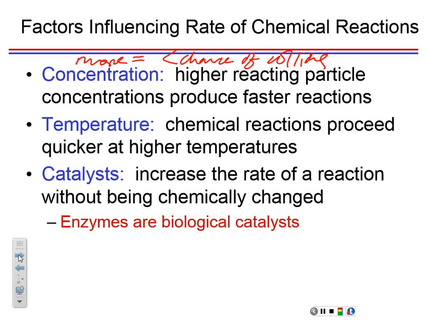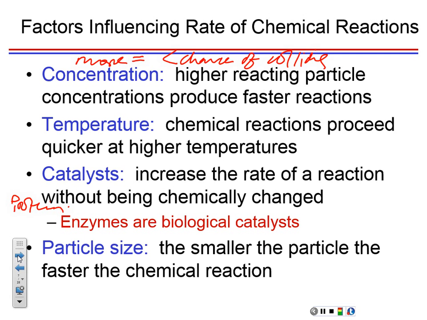So you need it to remain the same, and you need it not to be used up. Because then it will just do it for a little bit and then quit. So that's important. Okay? And these are proteins. You see, we're using up all those organic chemicals, and I'm going to be talking about them in a little bit. All right? So that's how catalysts increase the rate of reaction.